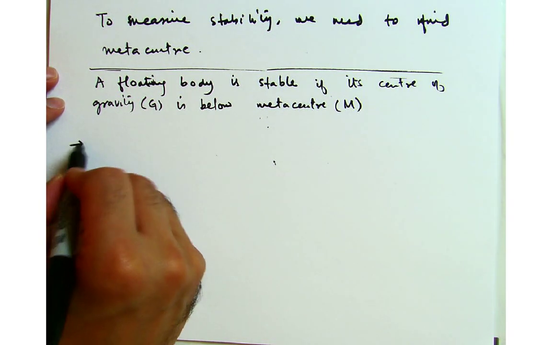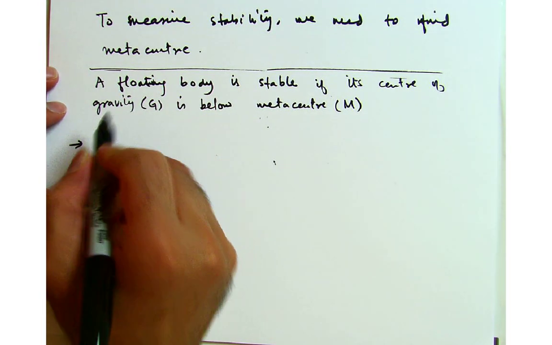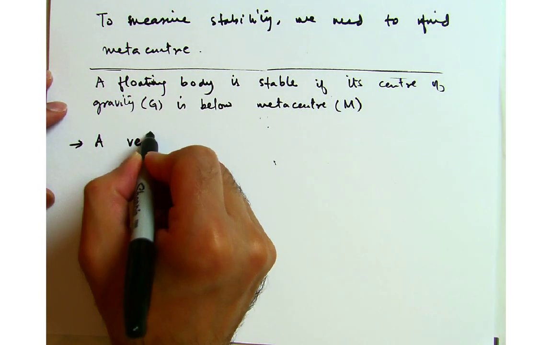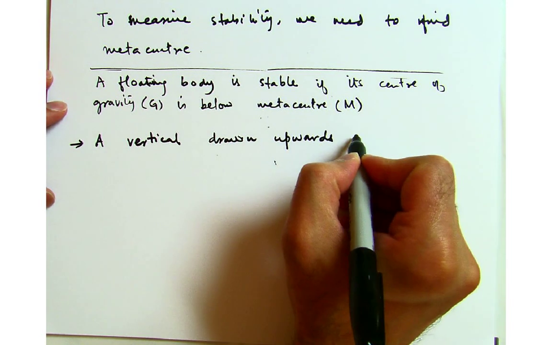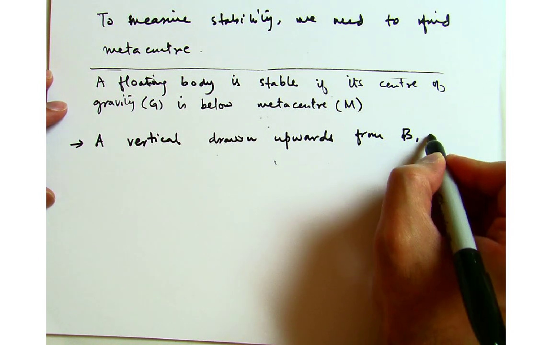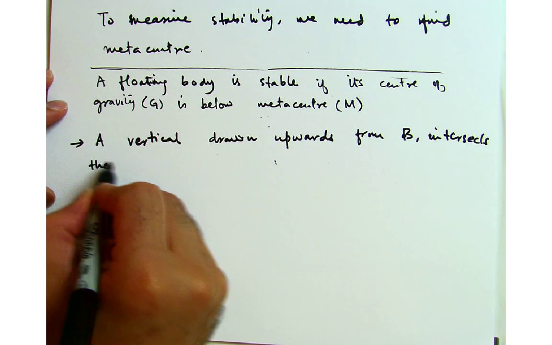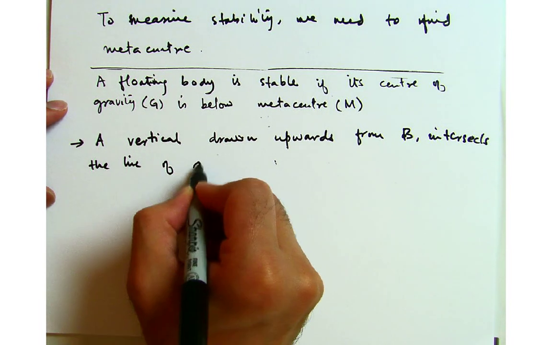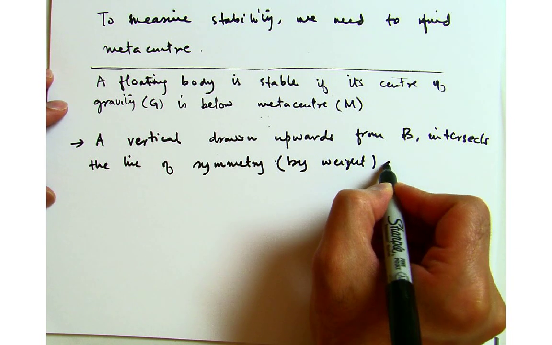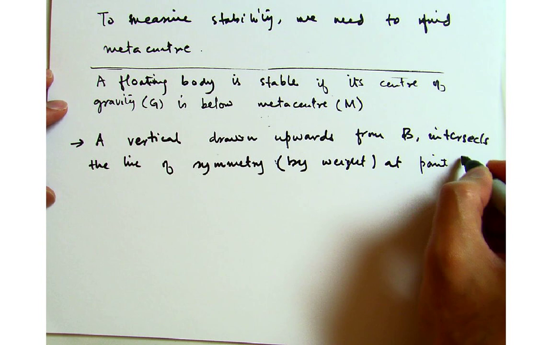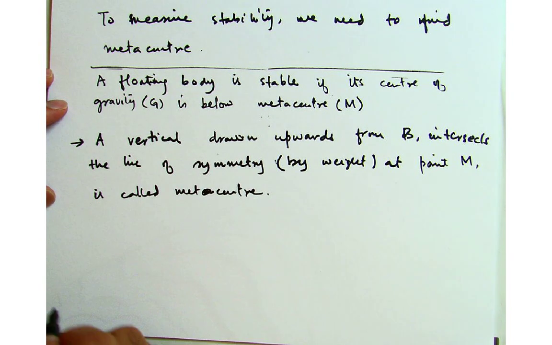And again, how do we calculate that? The way we calculate this: a vertical line drawn upwards from B, which is the center of buoyancy, intersects the line of symmetry, and that is important, by weight at point M, is called the metacenter.